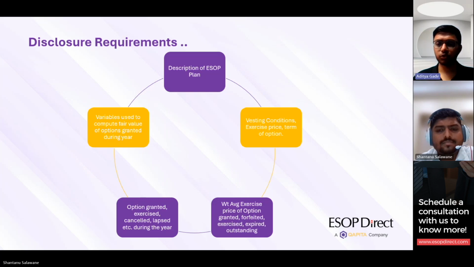The second is the forfeiture. What they mean by forfeiture is that, let's say options are given out for 3 years, but as of the date of grant of options there were 100 employees. As of the date of vesting, there were only 80 employees left. So that 20% the company can estimate.